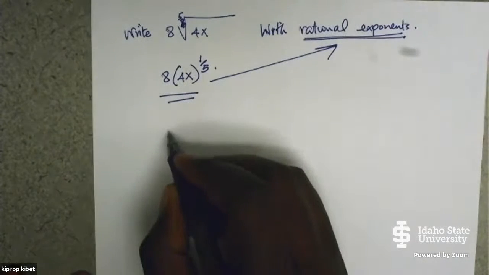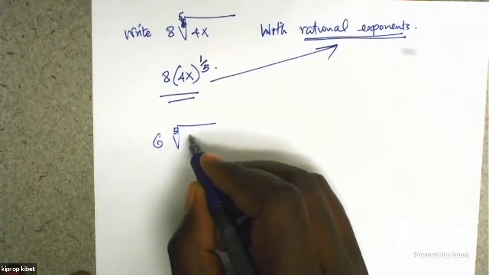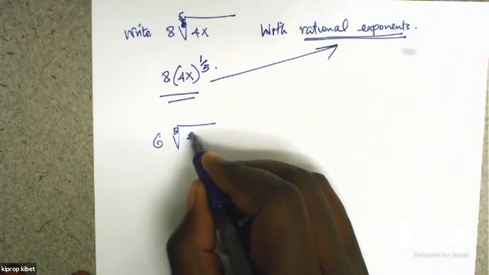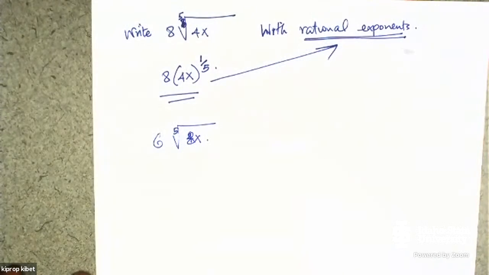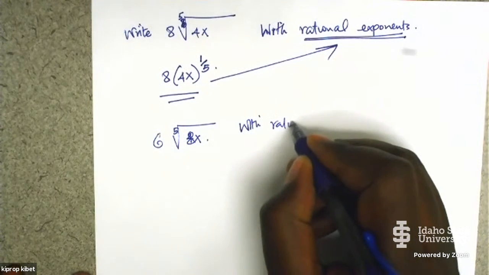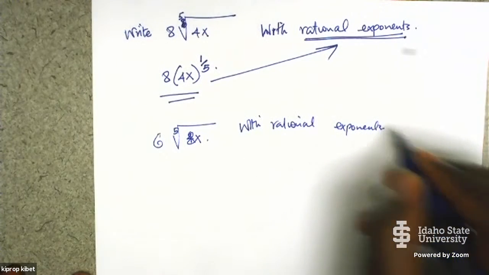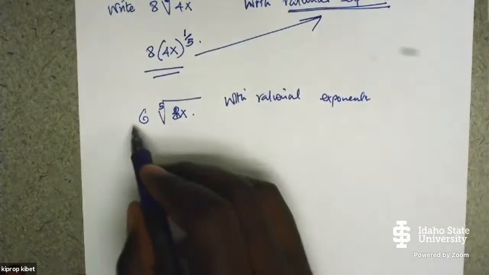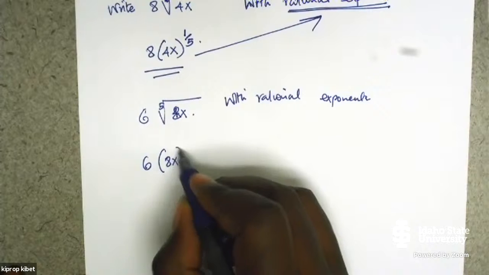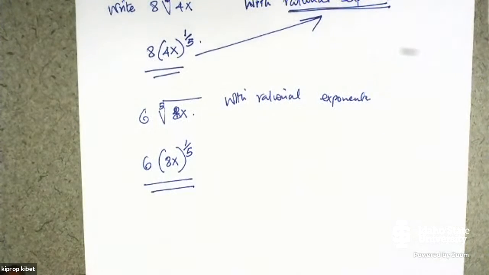Again, if you have the sixth root of 8x and you're told to write it with rational exponents, this is similar to 8x raised to 1/6.